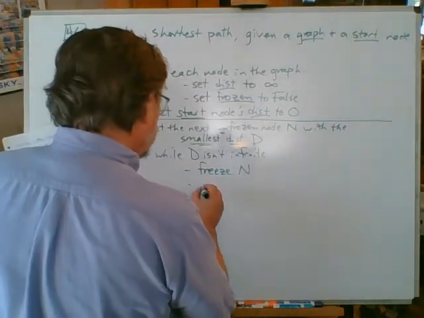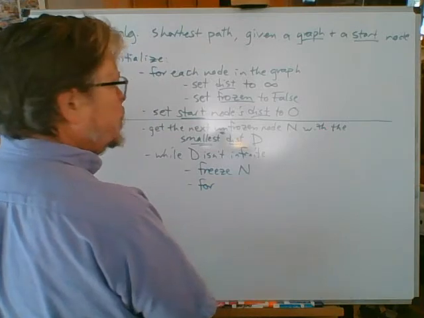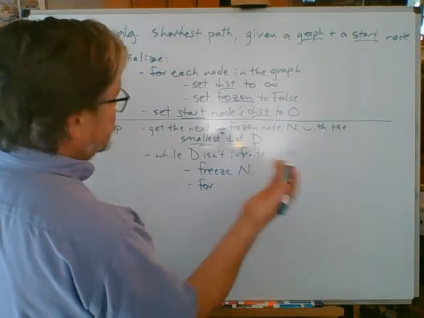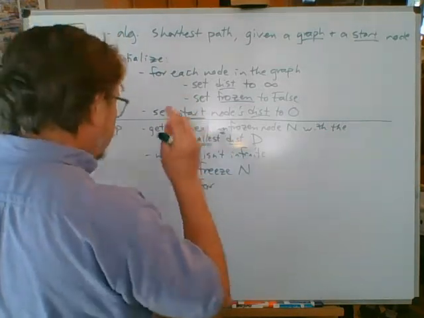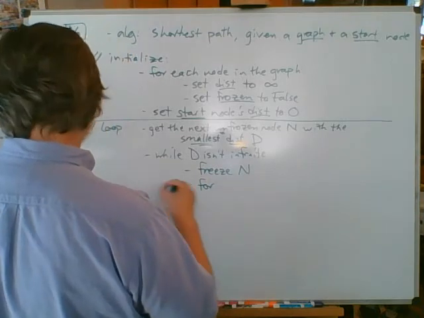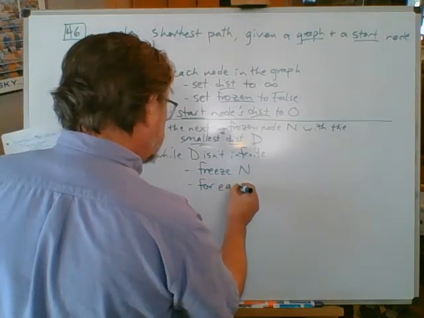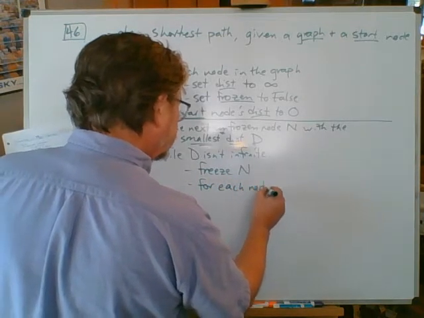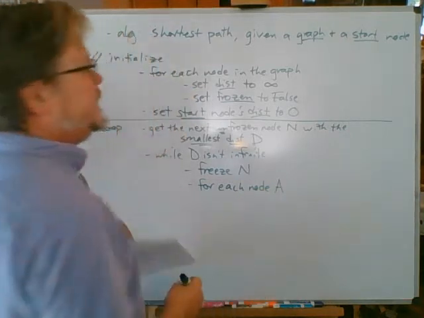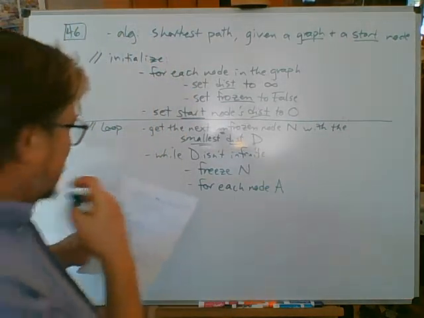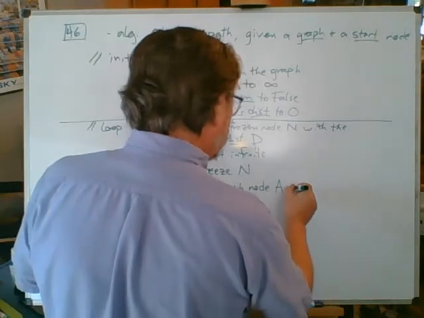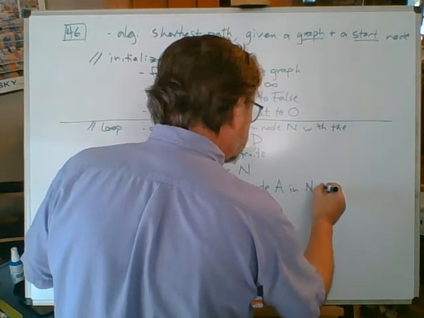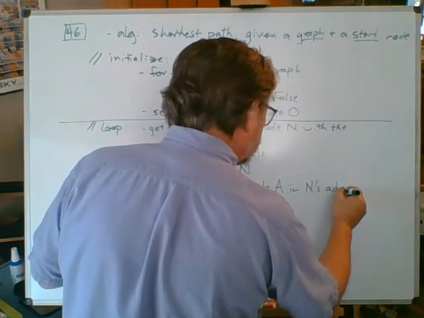So, another loop inside a loop. This could be a for loop because we're going through an adjacency list, or maybe that's a while loop as well. Stop, bad professor, stop talking about implementation. For each node, capital A, all these homemade variables on the fly, for each node A in node n's adjacency list.